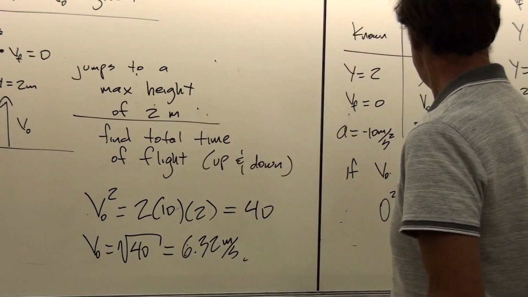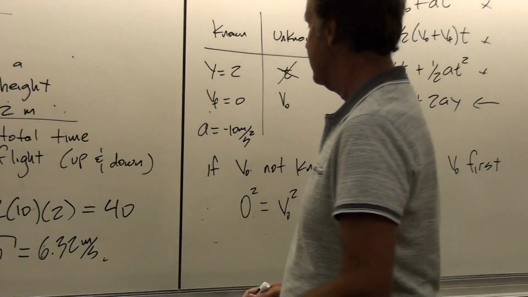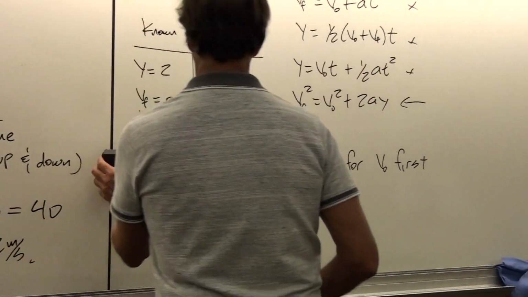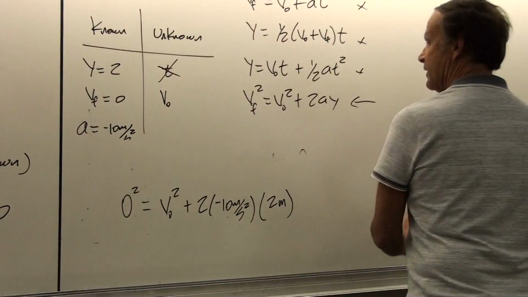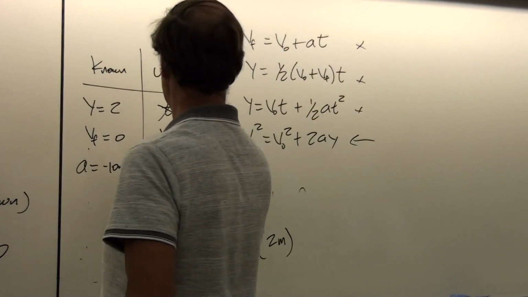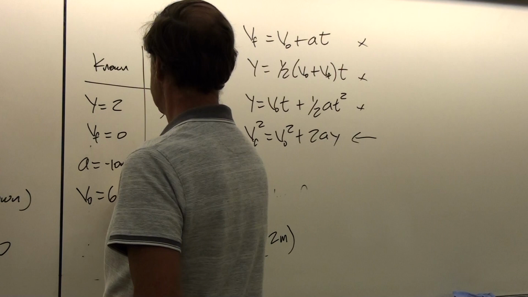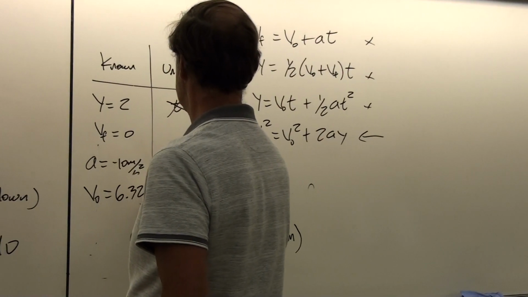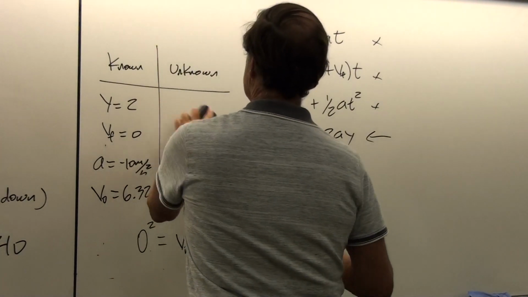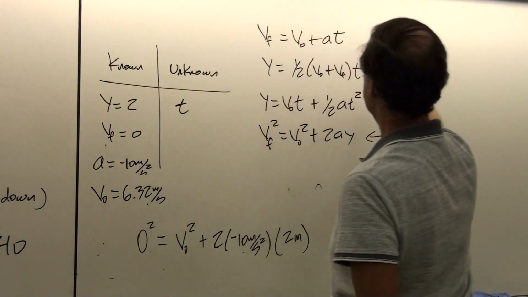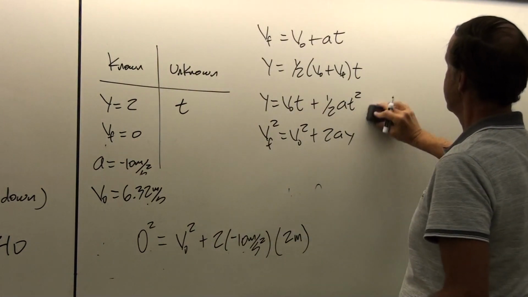Now that we know what v naught is, we can plug that in and solve any equation we want for the time. So now proudly we move v naught over here to our known column, 6.32 meters per second, and then we can use whatever equation we want of these four to solve for the time.